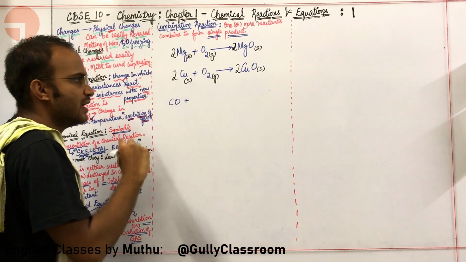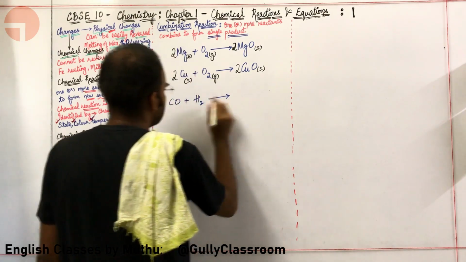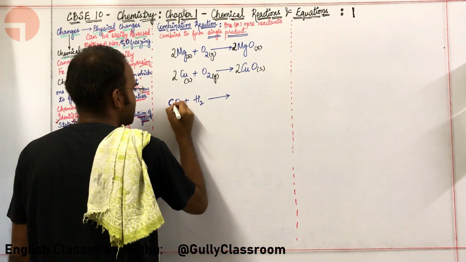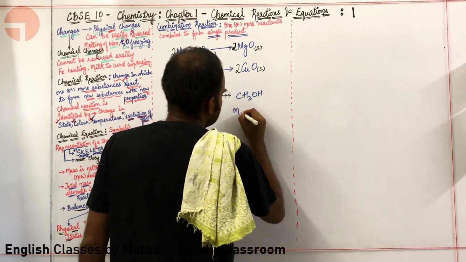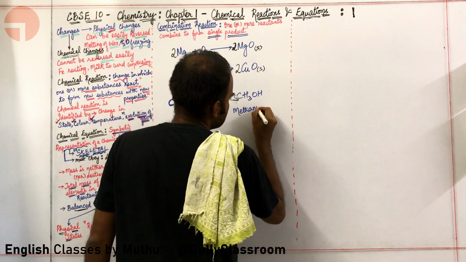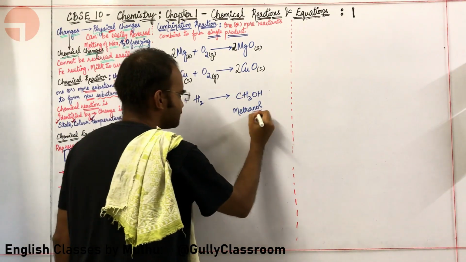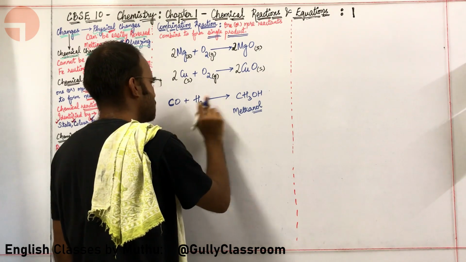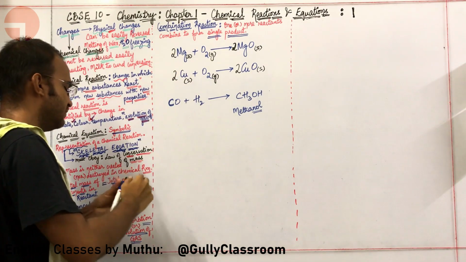Carbon monoxide, when it combines with hydrogen, forms CH3OH, which is methanol, an important organic compound. Okay, sir. CH3OH is formed when carbon monoxide and H2 combine with each other.